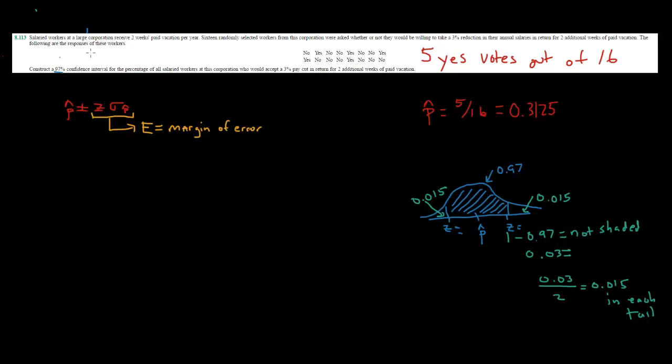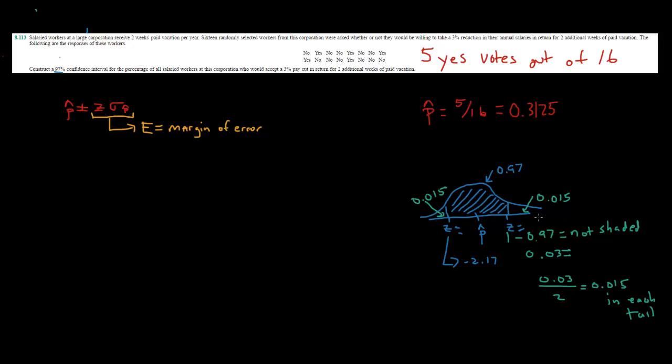And how you do that is using the techniques from when we first talked about z values, and that was in chapter 6 of our intro stats book. Now, if you look up z such that the area to the left of z is 0.015, you're going to get z equals negative 2.17.